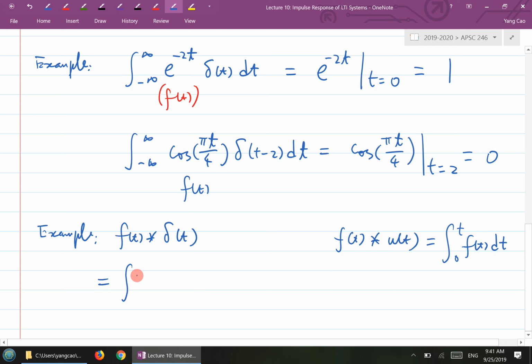First, plug in the formula. But before I plug in the limits, the typical limit is 0 to t, which is what we have done.